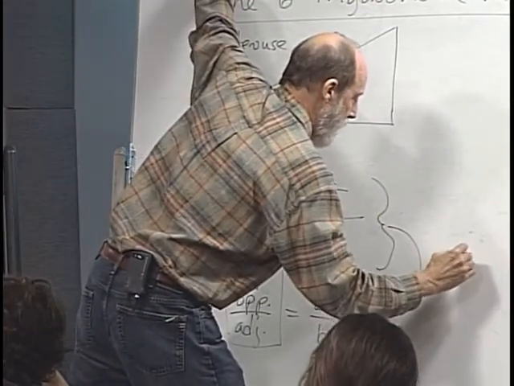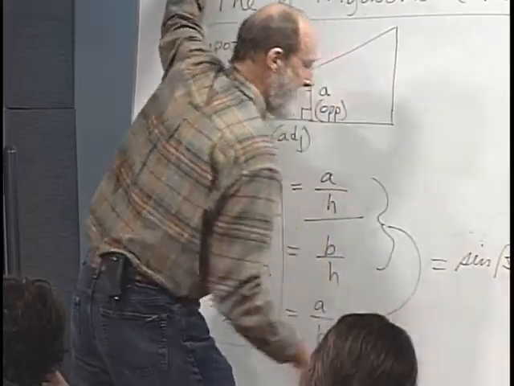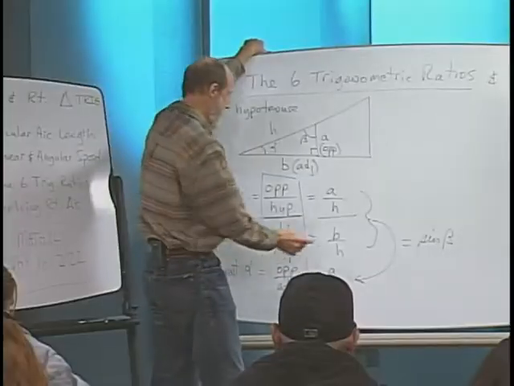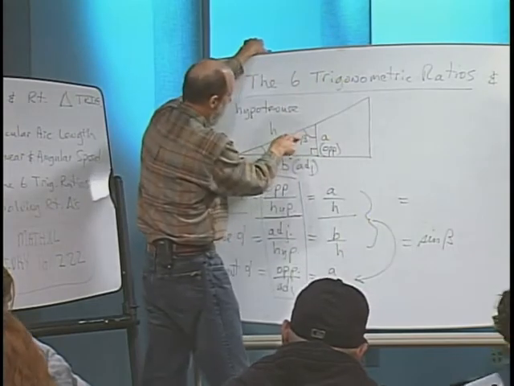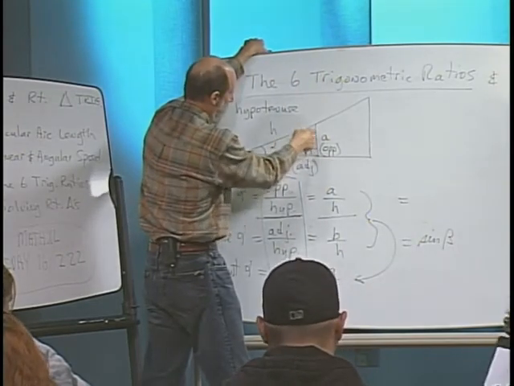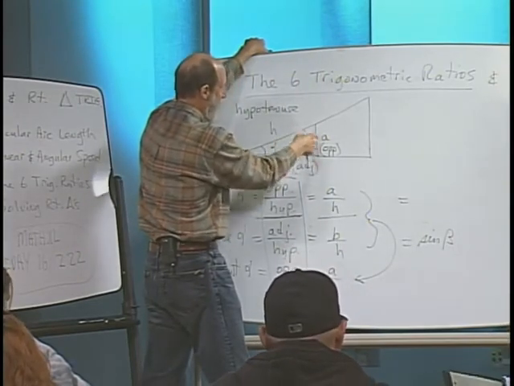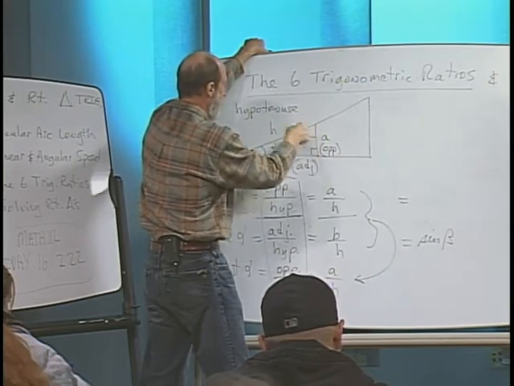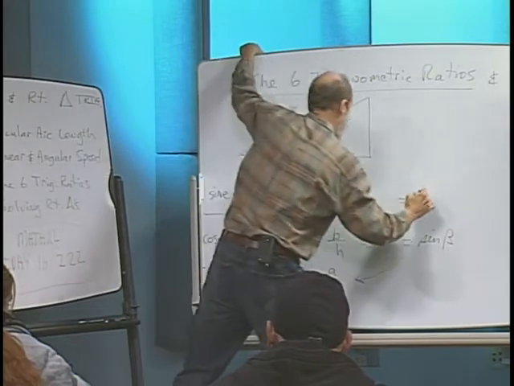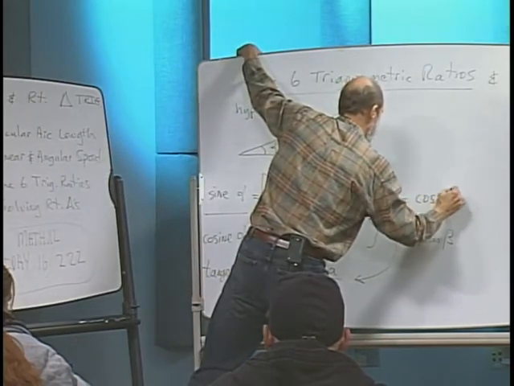Right? So this is going to be the sine of beta. And up here, if you're here with angle beta, the adjacent side to angle beta is A, and the hypotenuse is up here. A over H is the cosine of beta.